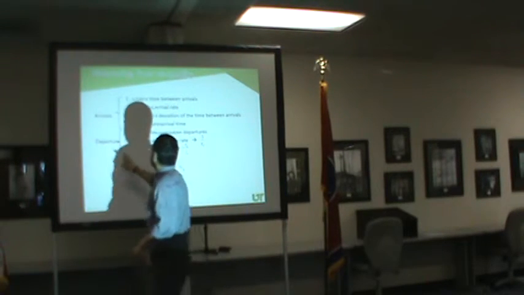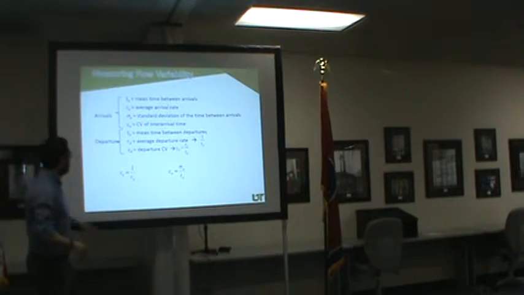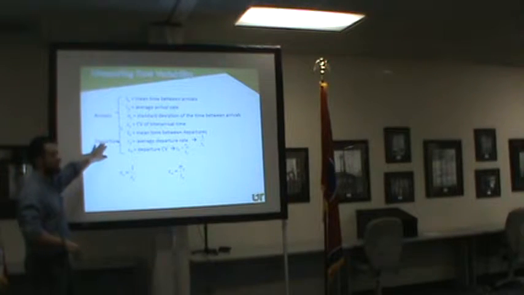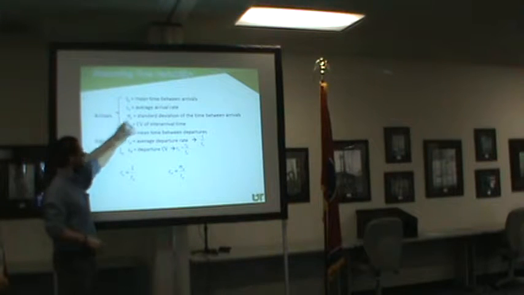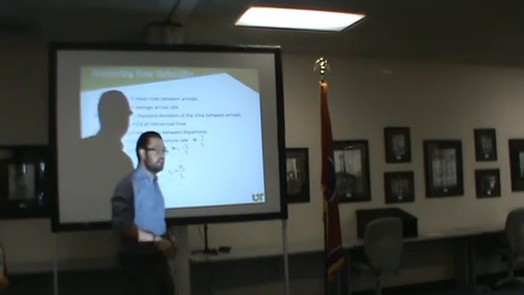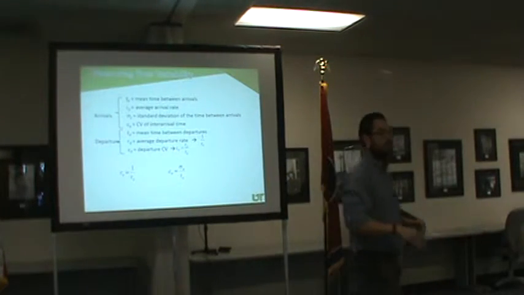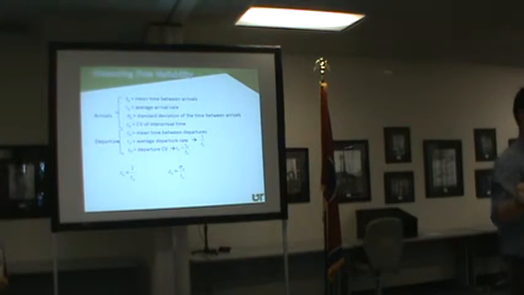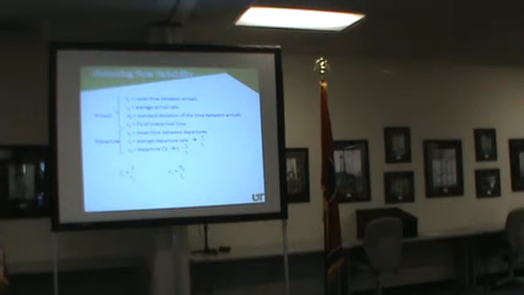So we do the very same thing that we have there for departures. Okay? So all that changes is just the index here. Instead of A, we have D, but it's exactly the same thing. How often on average do we have time between departures?